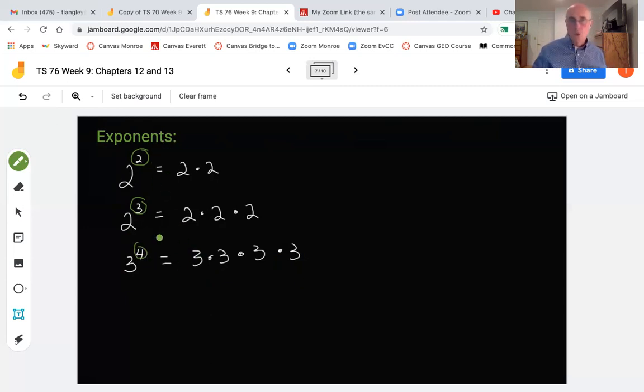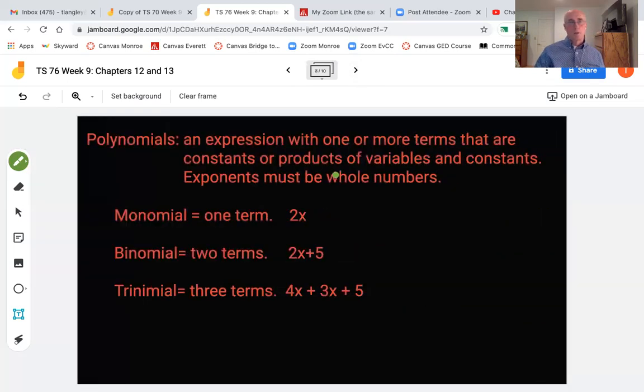Just a little review, helping you with understanding of your homework here, which is going to lead right into talking about polynomials. Again, you're going, hey, this is another term. We're getting to our last couple of terms here.